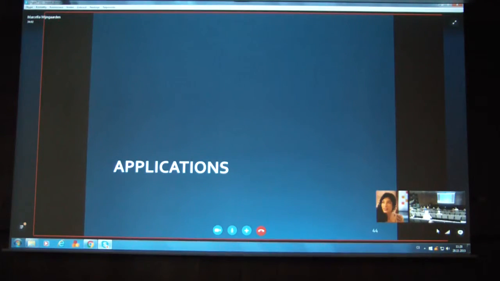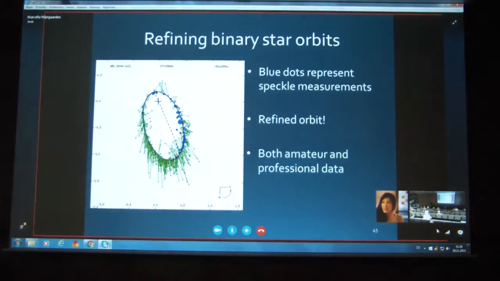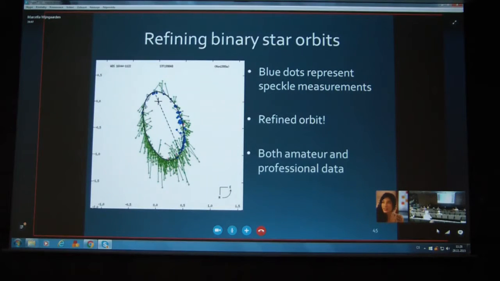So some applications. Of course, the most obvious one, at least in this talk, is that they can be used for refining binary star orbits. Here on the left you can see an image of an orbit taken from the WDS catalog, where you see that the blue dots represent speckle measurements.